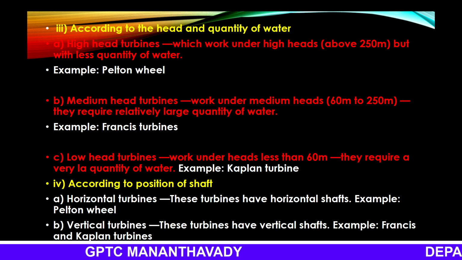In the case of horizontal turbines, the turbine has a horizontal shaft, as in the case of the Pelton wheel. In a vertical turbine, the turbine has a vertical shaft. The Francis and Kaplan turbines are examples.